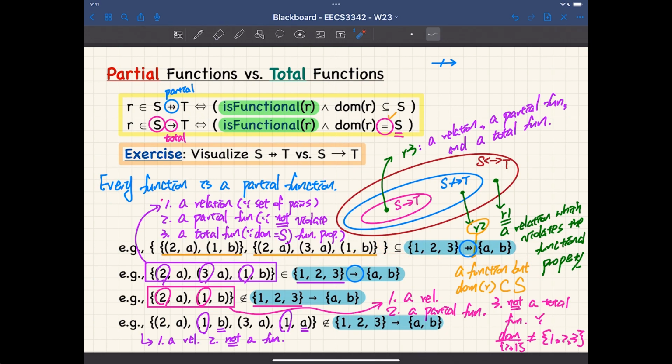It's just a way to show you how things work. I could have said this alone is a member of this, and also this alone is also a member of this. I could have said that, but it's equivalent. I can put it in one single line. So that means it's satisfying both. Yes, both of them will satisfy the criteria for partial function.